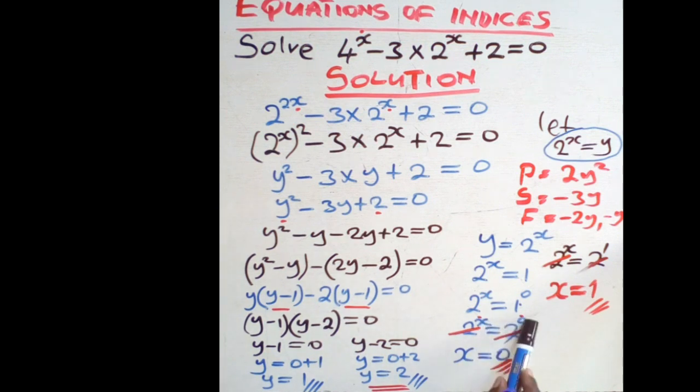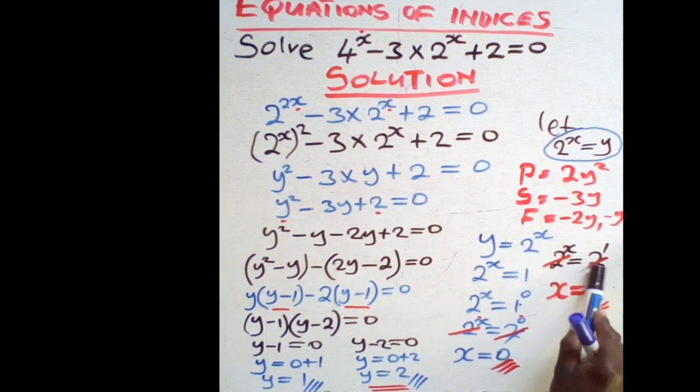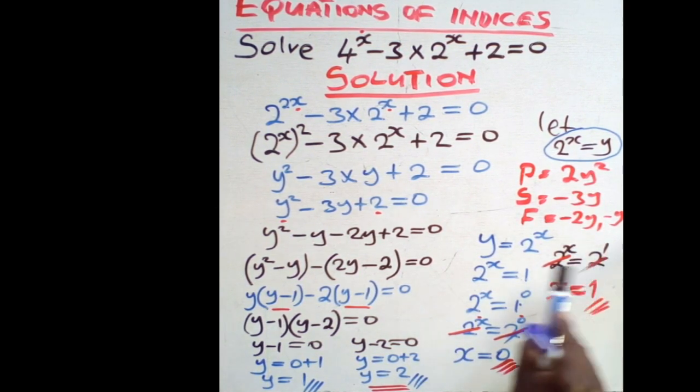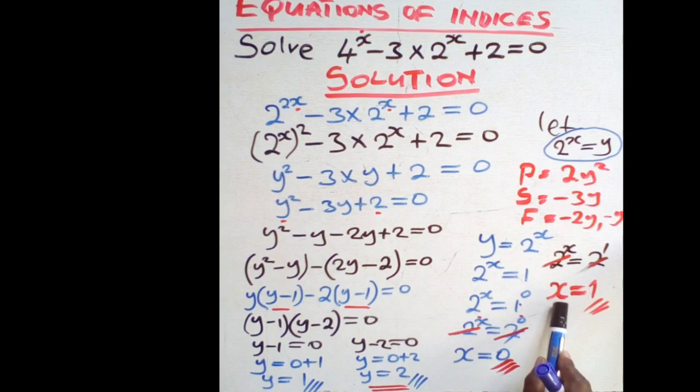So we said x is equal to 0. Same applies to the other one. Even in this case, we had to say 2 to the power x is equal to 2. But what is the power of these 2? It's 1. So we ignore them, they are equal. Then we just equate powers. So x is equal to 1.